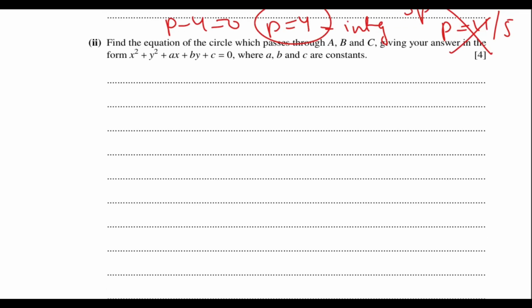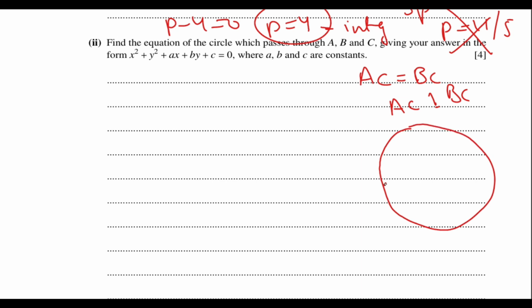So we have to construct a circle in which AC equals BC in length, and AC is perpendicular to BC. So we will have point A over here, point B, and point C over here. This angle will be 90 degrees, as AC and BC are equal in length.